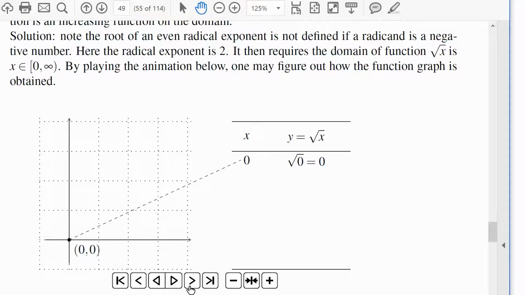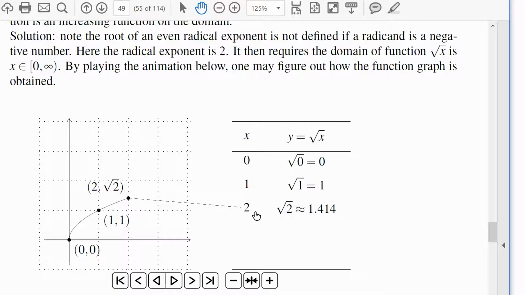Now, when x equals 1, you plug into the equation, you have radical 1 is 1. So 1, 1, this point is here. That's the second point. Then you choose 2.